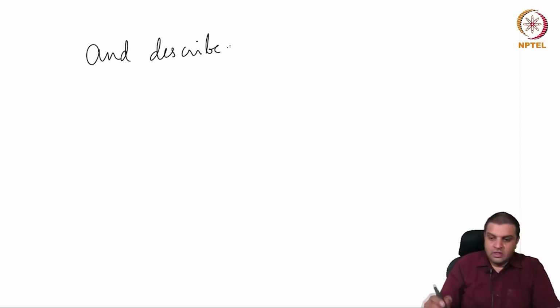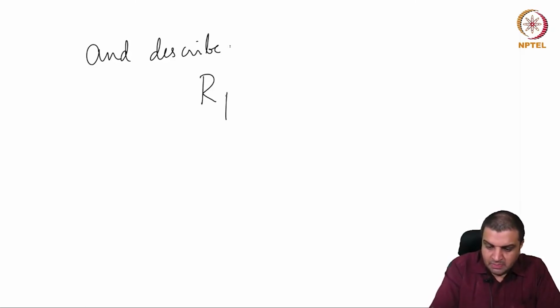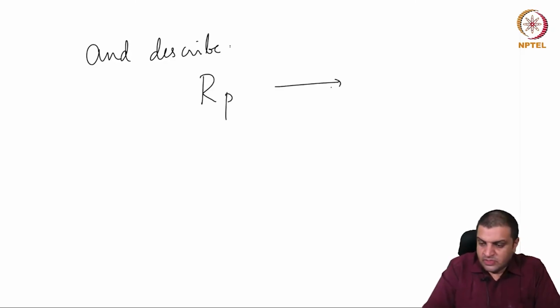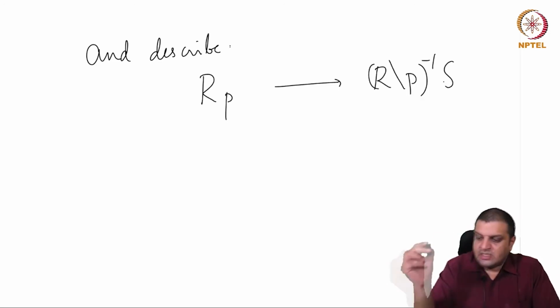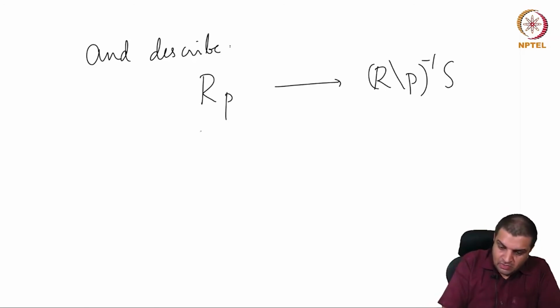We take R localized at P, then this gives a map to R mod P localized, and then we kill P R_P.